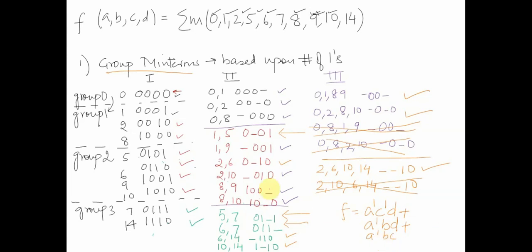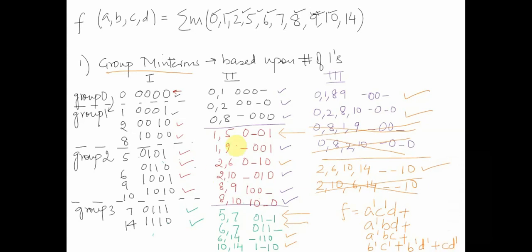And one more term, 0189, which is b bar, c bar, plus 08210, which is nothing but b bar, d bar, plus 2610, which is c, d bar. So this is our circuit at the end of the day.